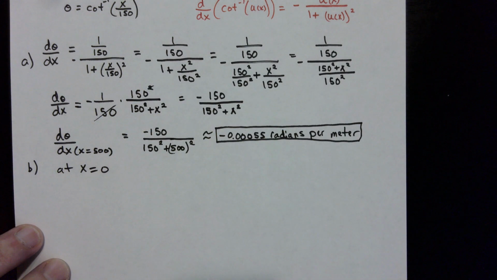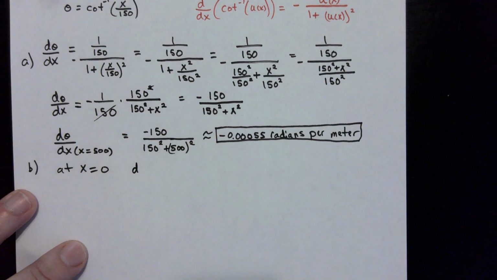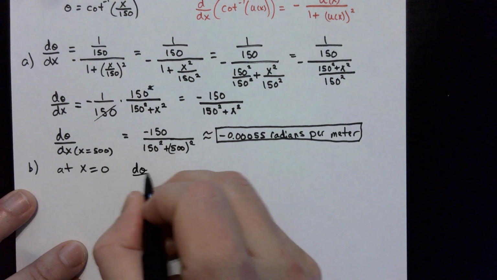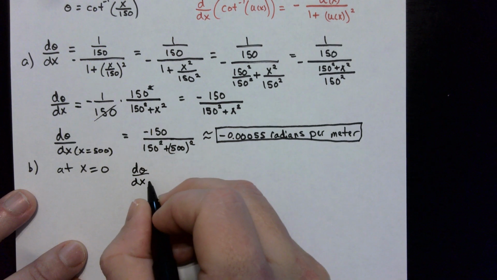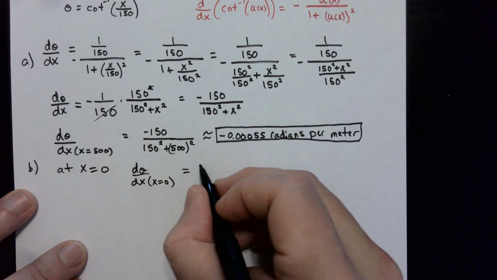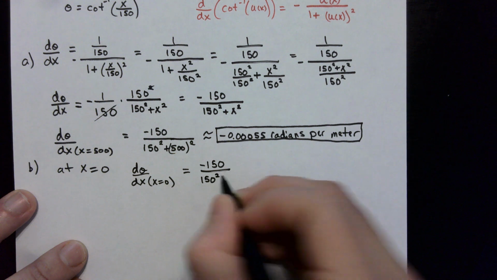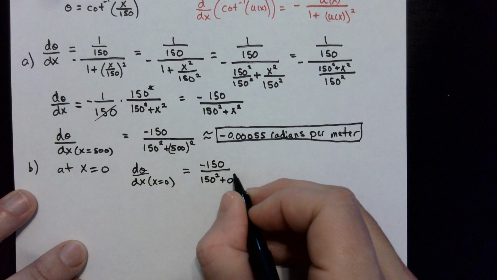Now we can go ahead and do d theta over dx at x equals 0. So I'll plug in a 0 for x. So it'd be negative 150 over 150 squared plus 0 squared.